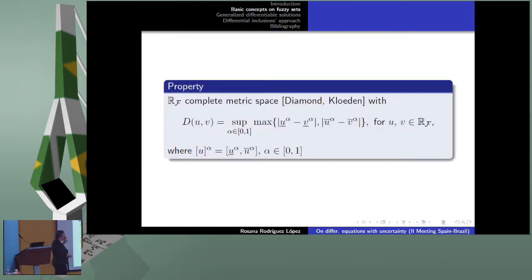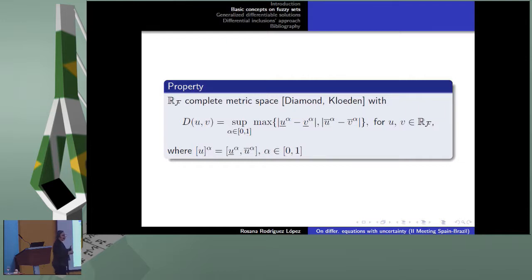Well, restricting our attention to these particular functions defined on the real line with values in [0, 1], with those four properties that give compact and non-empty level sets, the space of fuzzy intervals is a complete metric space.